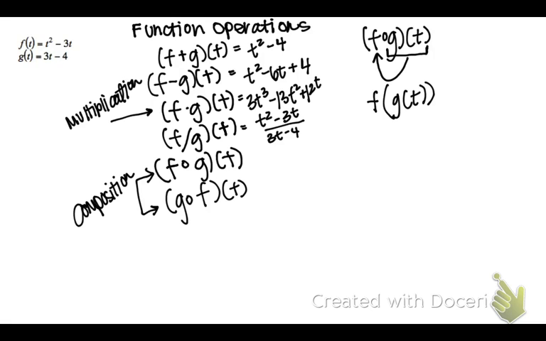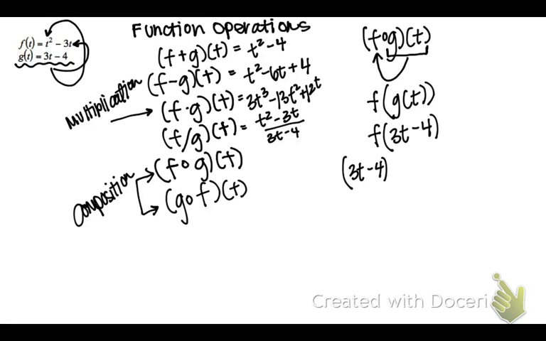We know what g of t is, it's 3t minus 4, so this would be f of 3t minus 4. Wherever there's a t in the f function, I'm going to plug in the 3t minus 4. So this is going to be 3t minus 4 squared minus 3 times 3t minus 4.